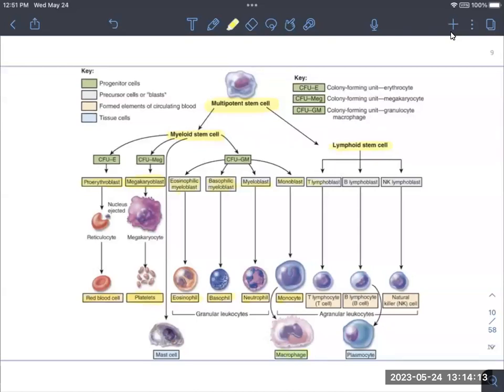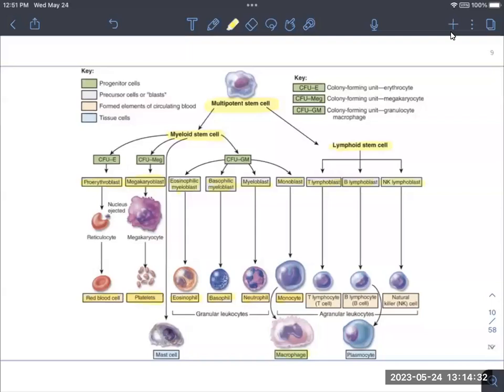And then we have T lymphocytes, B lymphocytes, and NK or natural killer lymphoblasts. Blasts build. They're the first step in making any of these blood cells.